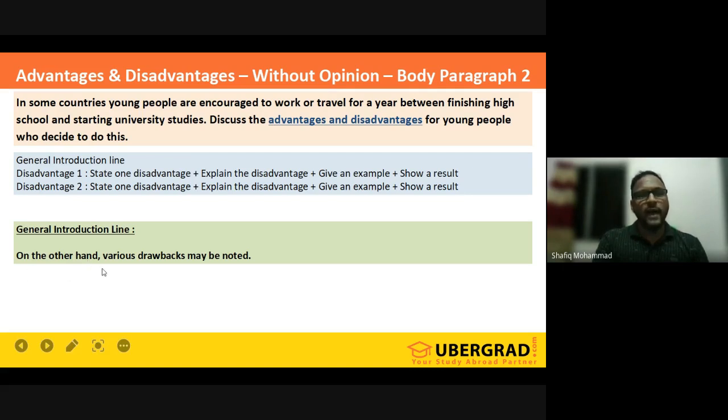Okay. On the other hand, various drawbacks may be noted. So you can also say, on the other hand, there are many drawbacks related to the above topic, or related to going abroad and finishing education, going for higher education in different countries.